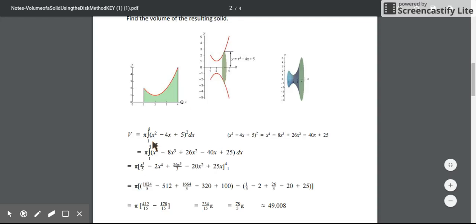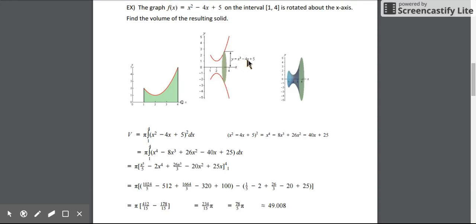That interval is going to be our bounds when we integrate. Since pi r squared is the function, we've got to square our function being used. Sometimes that's easier than other times. Sometimes it's more difficult. If we want to square this trinomial here, write it twice and distribute, and this is what we end up with.